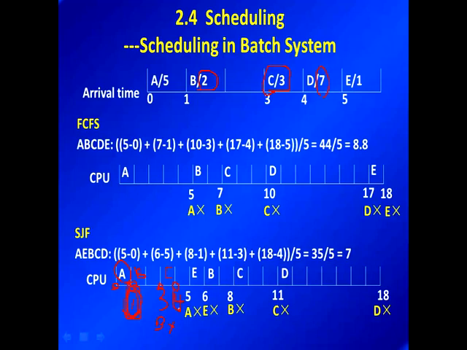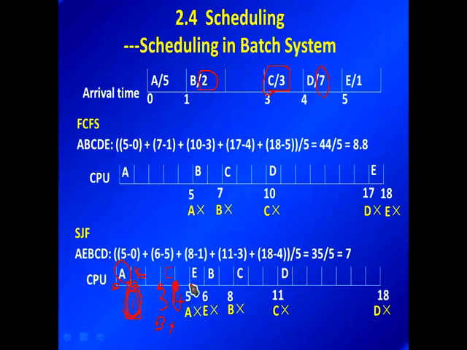C competes for the CPU along with jobs A and D. C can stay on the CPU only because C has the shortest remaining runtime. So the scheduler is called again at time 4 and decides to let C continue using the CPU.